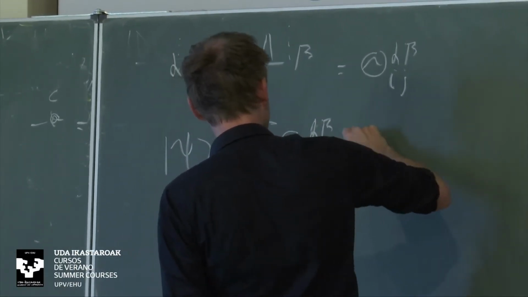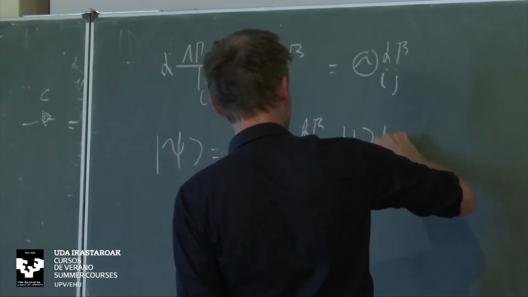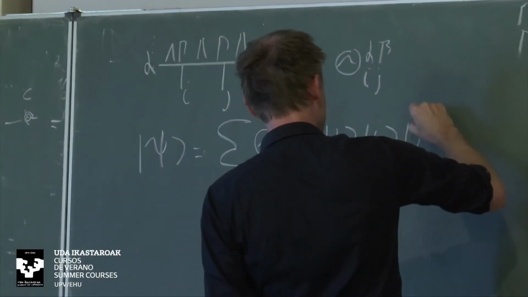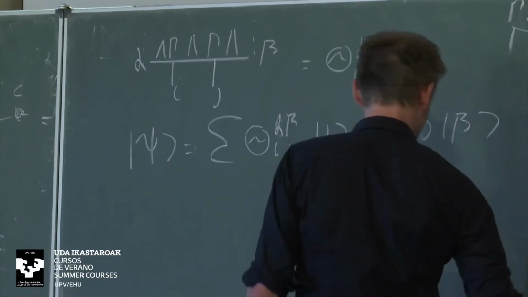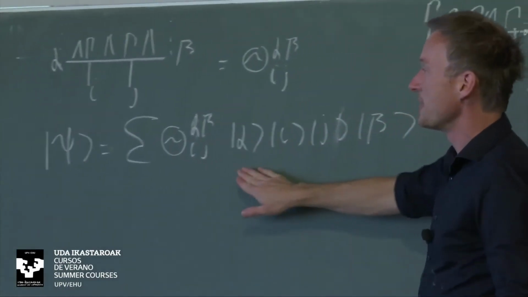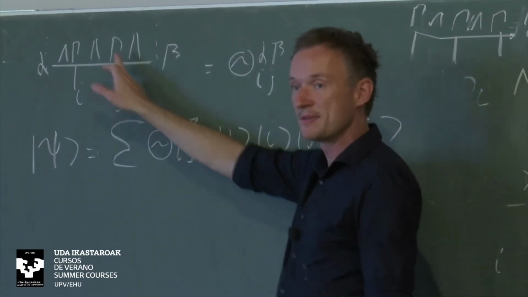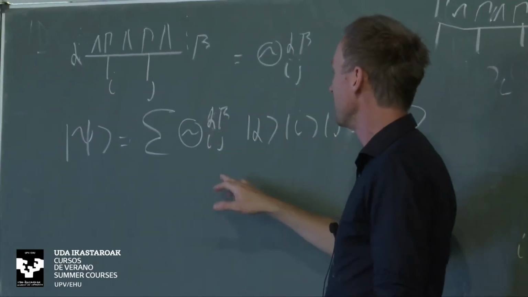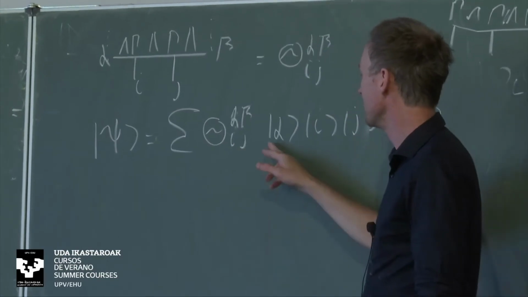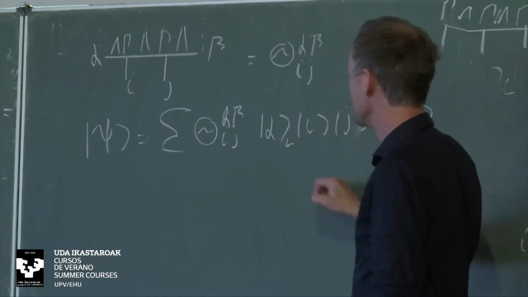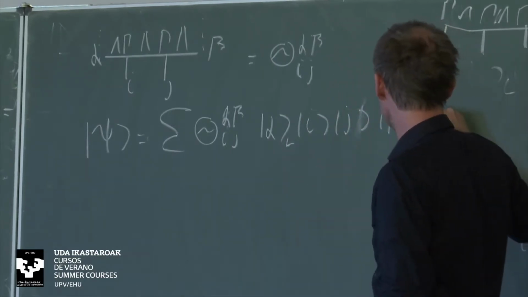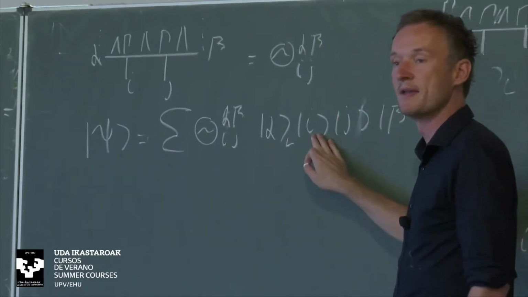So basically, by contracting these together, we have a representation of the wave function in a mixed basis where we use both Schmidt states and local states on this side.